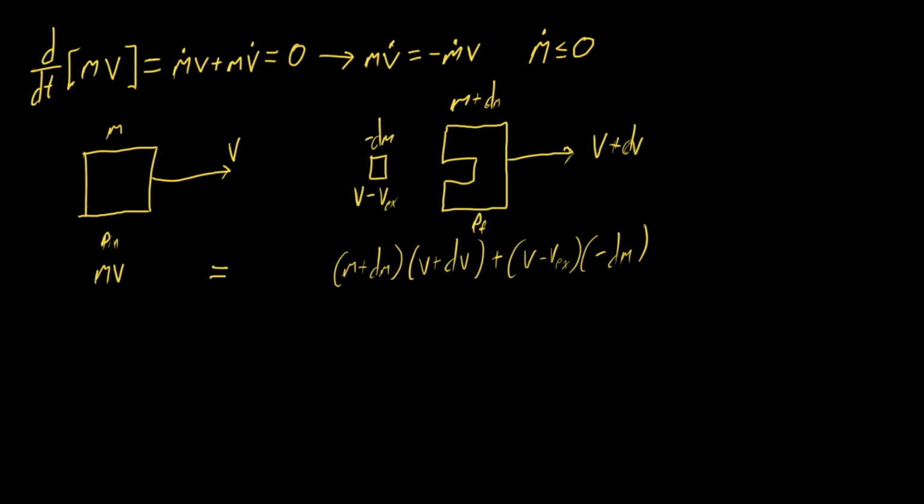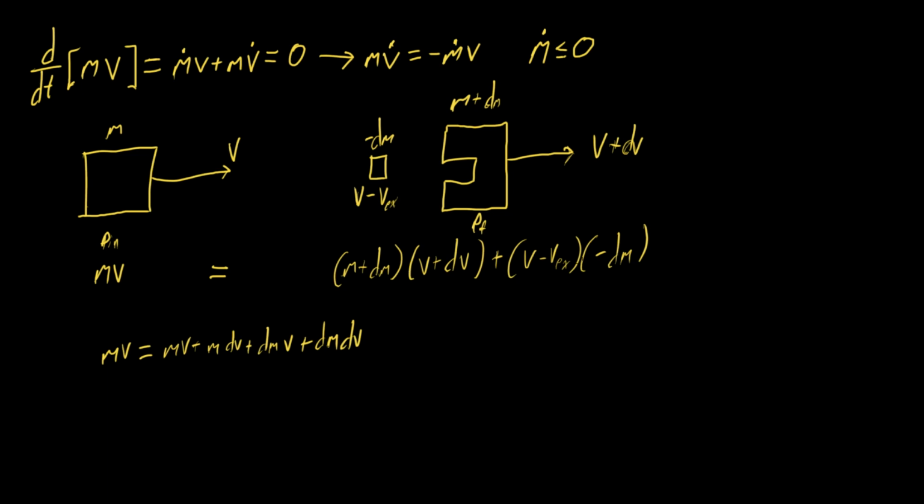So if we multiply all this out, I'm just going to write everything out. We're going to get mv, just the binomial product, m times dv, and then we're going to get dm v, and then dm dv for this term right here.